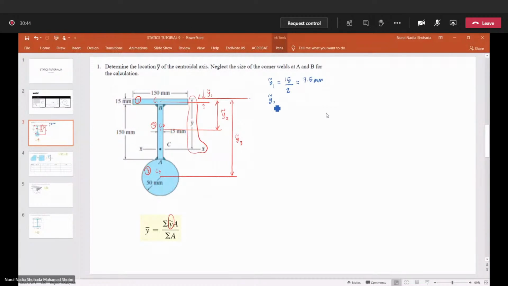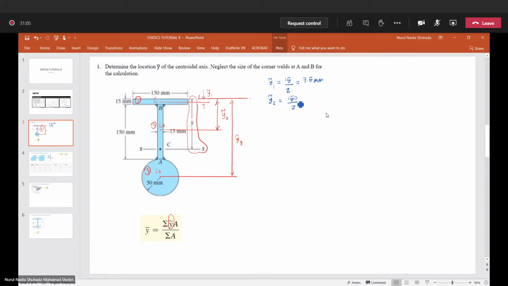And this is to find y2. You have to find the distance from here until here. The total length for segment 2 is 150, and you divide by 2.